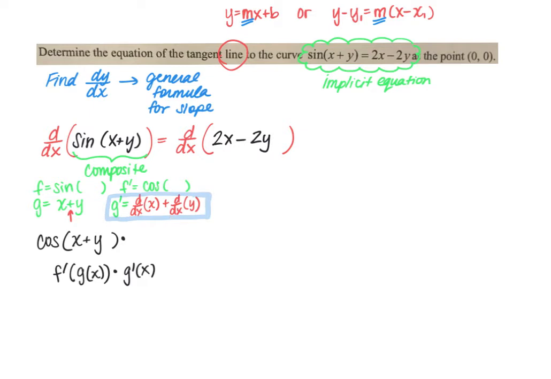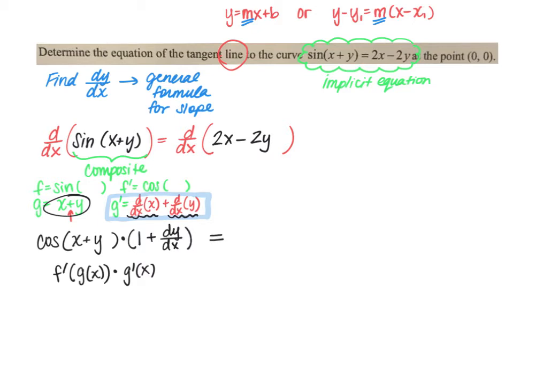Since g has two terms, we have to take the derivative of each term. The derivative of x with respect to x is just 1. But the derivative of y with respect to x, since we don't know what y is equal to, we write as dy/dx. So we're going to have 1 + dy/dx. That's the derivative of the inner function x + y. So we've dealt with the left-hand side of the equation.